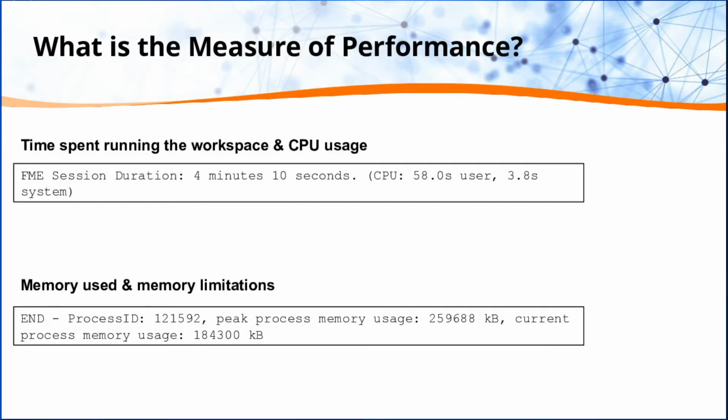If we see that a lot of the time in our workspace is being spent retrieving features from a database, then we might have some things that we can improve on the database side. And if we're using web services, then perhaps we want to update to a faster connection method. Maybe we want to connect to a web service that's closer geographically. Those sorts of things can make a difference.